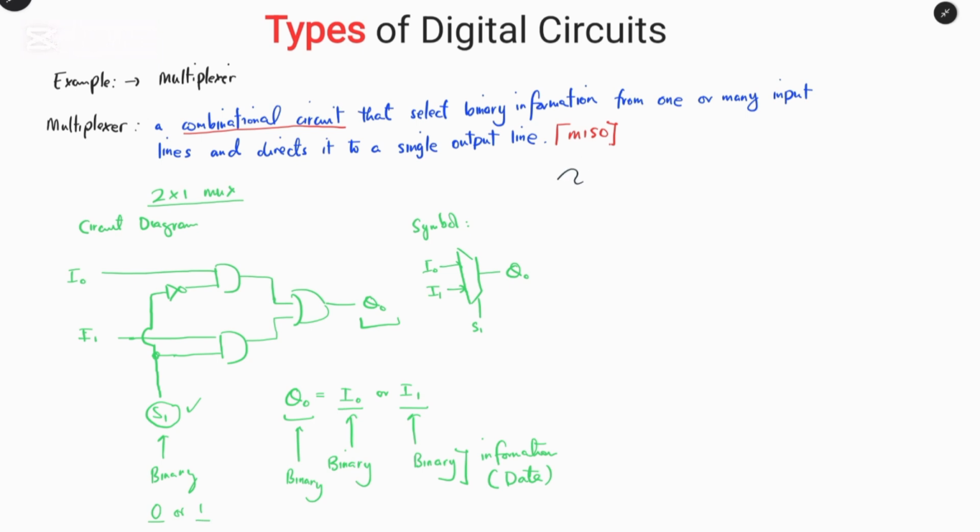So let's say I0 carries the information or the data which says hello, and I1 carries information such as how are you?